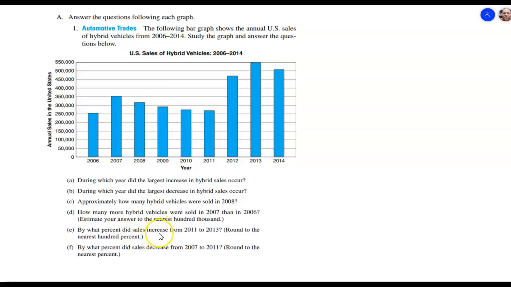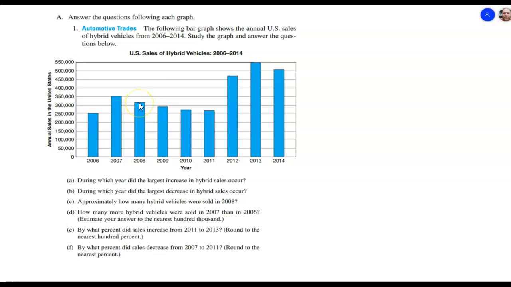All right, next one says, approximately how many hybrids were sold in 2008? To do that, we go to 2008, we go up to the top and we go over, and it looks like right in the middle between 300,000 and 350,000.